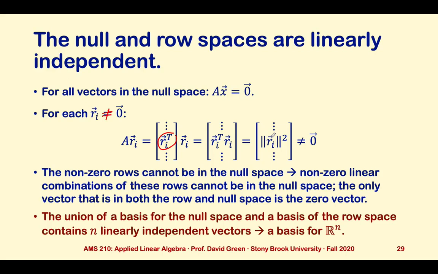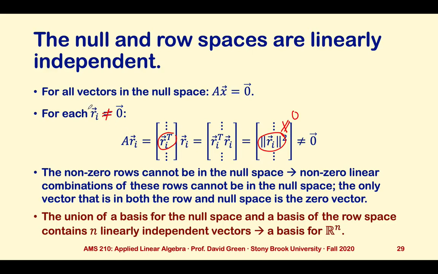That is, the dot product of Ri with itself. Well, we know that the norm is a length, and unless Ri is the 0 vector, a length has to be a positive non-zero number. And so if there's some element in here that is not equal to 0, then this cannot be 0.